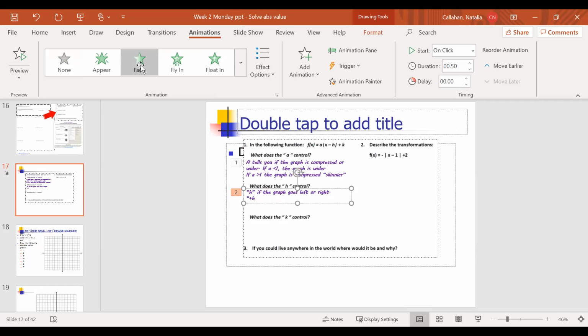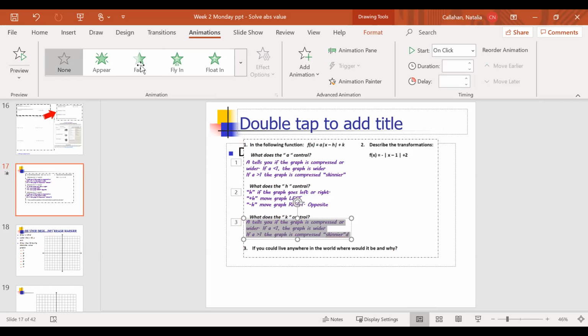Positive H means you move the graph to the left. A negative H, I know it's kind of opposite, you go ahead and move the graph to the right. It's kind of like the opposite because of that in the absolute value.